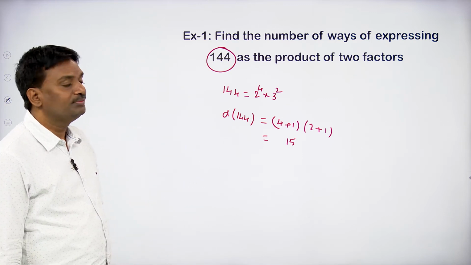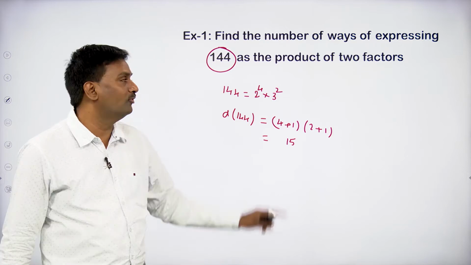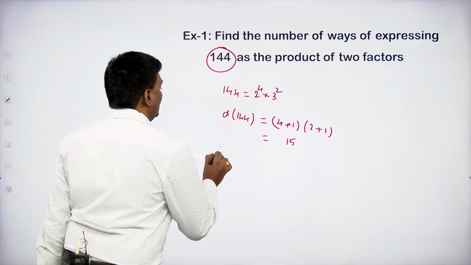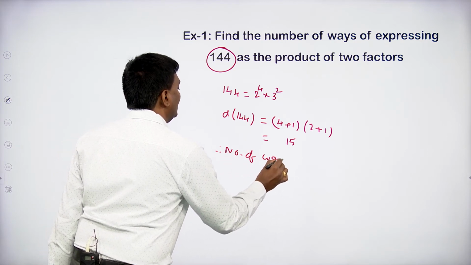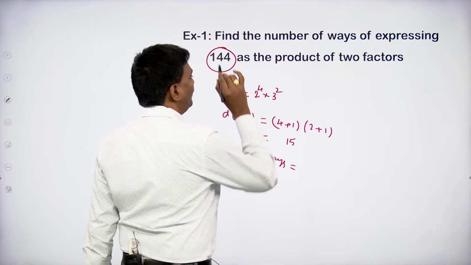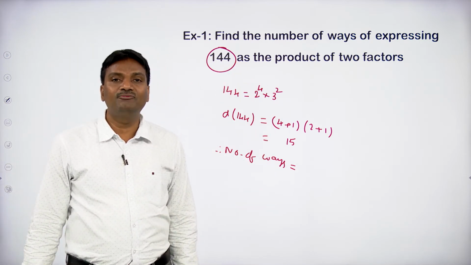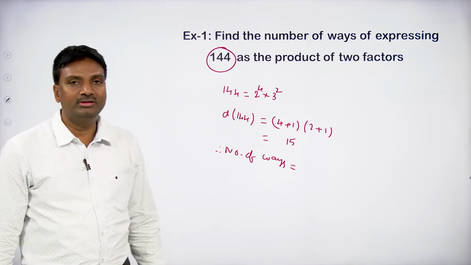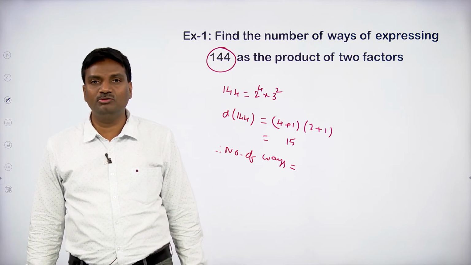But here we have to find the number of ways of expressing the number 144 as the product of two factors. So therefore number of ways equal to, but by observing, 144 is a perfect square, because 144 can be written as 12 square, 12 into 12 is 144.